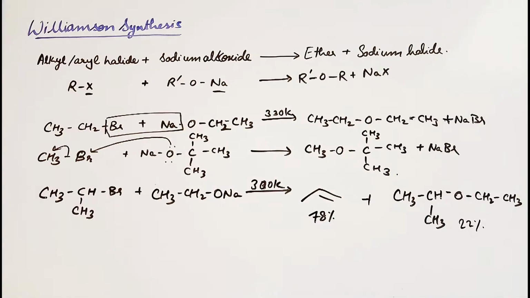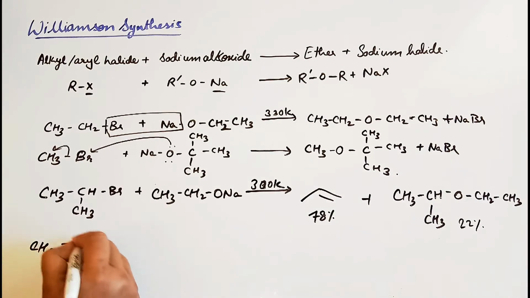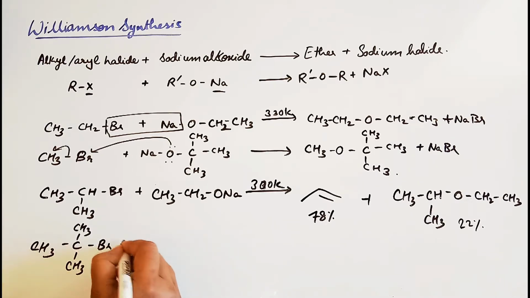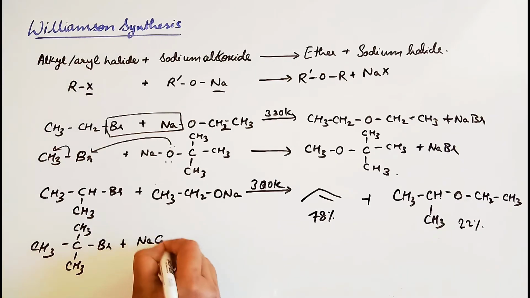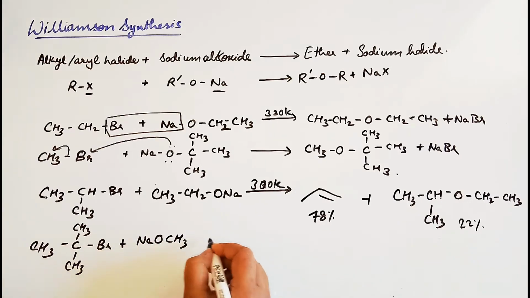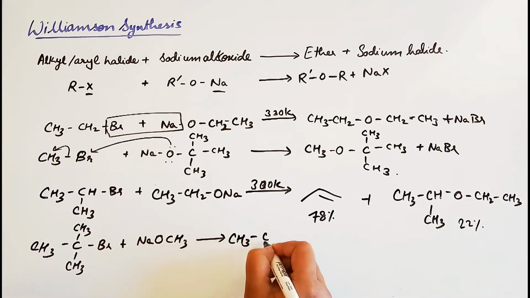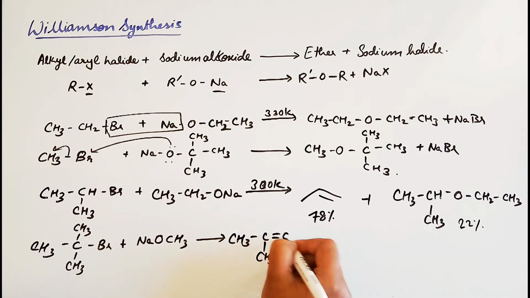So when an alkyl halide is a secondary alkyl halide, we are getting two products: the elimination product and the substituted product. But if we are using a tertiary alkyl halide like this one, Br plus NaOCH3, this will lead to the formation of only the elimination product, which is CH3 double bond CH2.